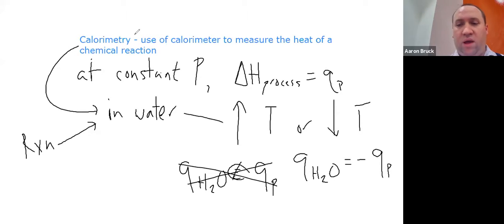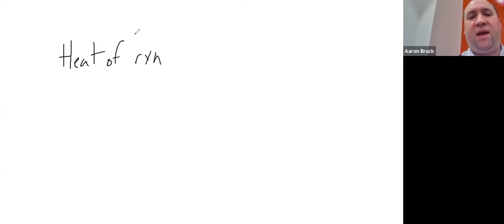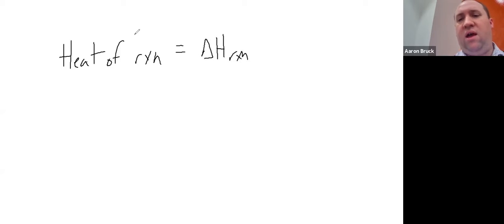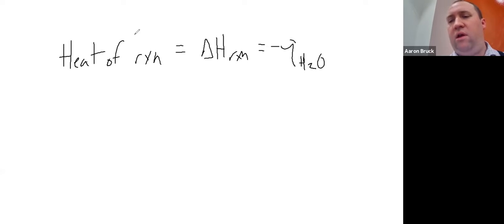And so if we put all of this together, the heat of a reaction, if measured by calorimeter, is equal to delta H of reaction, and that is equal to the opposite of the heat transfer that is taking place inside of the water.